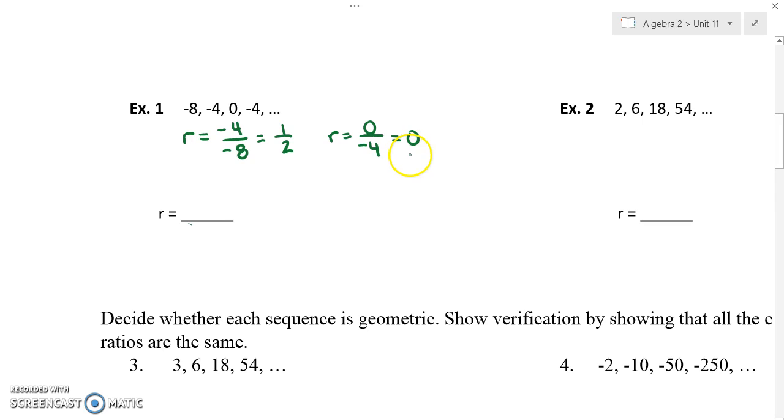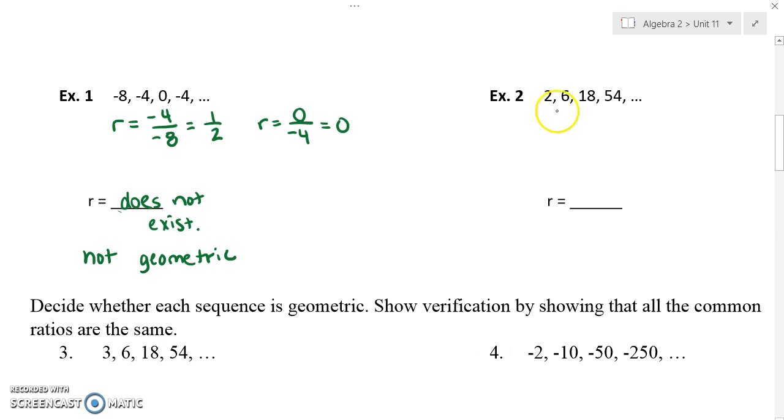Since the r numbers are not the same, I could say that r does not exist because the sequence that they gave us is not geometric. Okay, so this one is not geometric because you're not multiplying by the same number to get to the next one. All right, let's look at example 2.